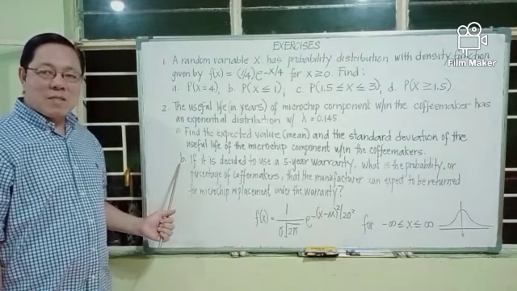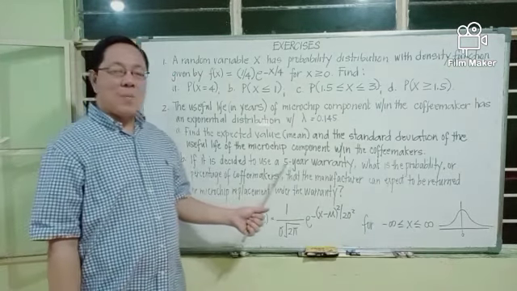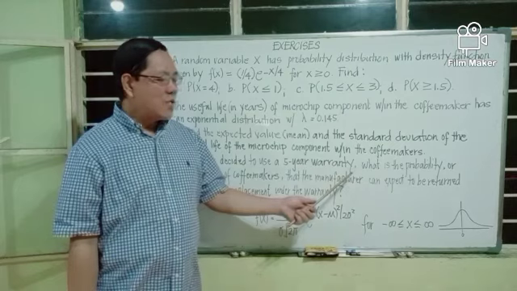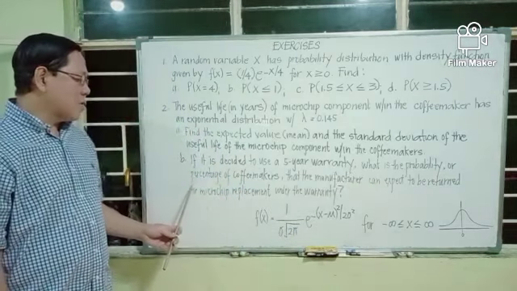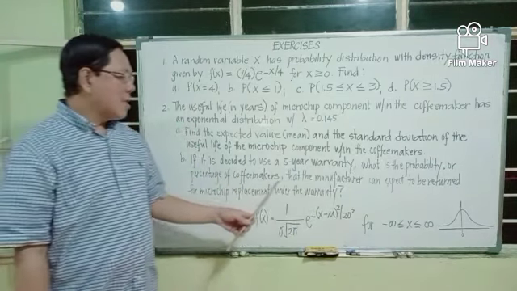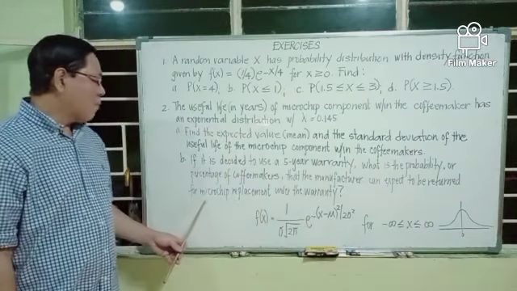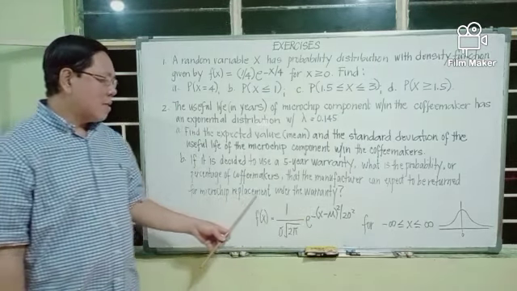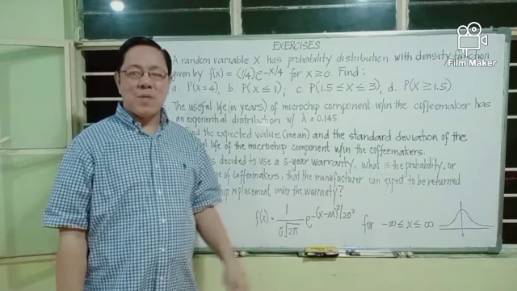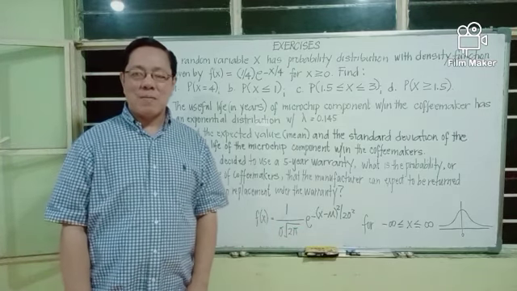Letter B. If it is decided to use a 5-year warranty, what is the probability or the percentage of coffee makers that the manufacturer can expect to be returned for microchip replacement under the warranty? The warranty is 5 years.